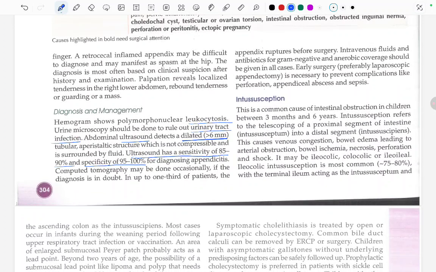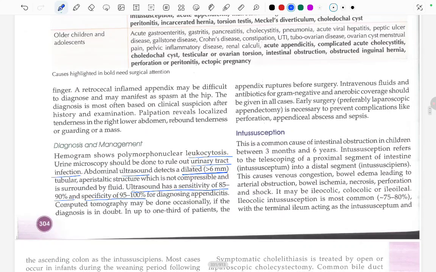Computed tomography may be done occasionally if the diagnosis is in doubt. In up to one-third of the patients, the appendix ruptures before surgery. IV fluids and antibiotics for gram-negative and anaerobic coverage should be given in all cases. So how do we manage a patient of appendicitis?